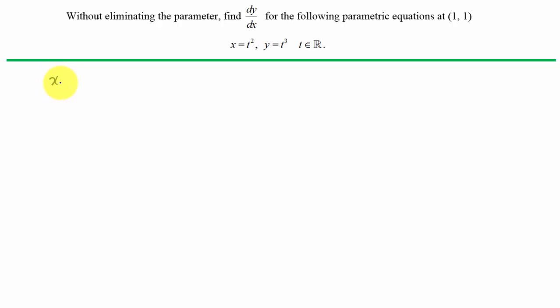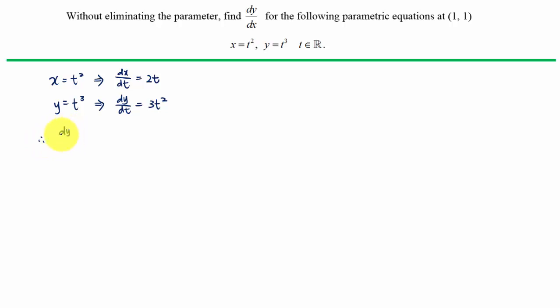So if x is equal to t squared, dx/dt will be given by 2t. If y is equal to t cubed, then dy/dt will be given by 3t squared.